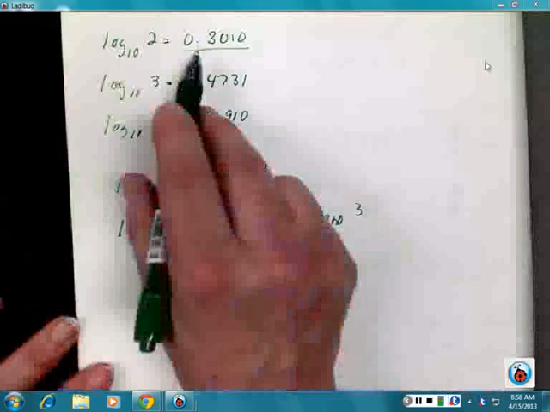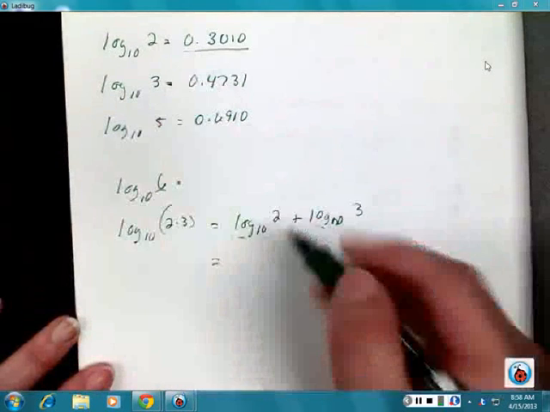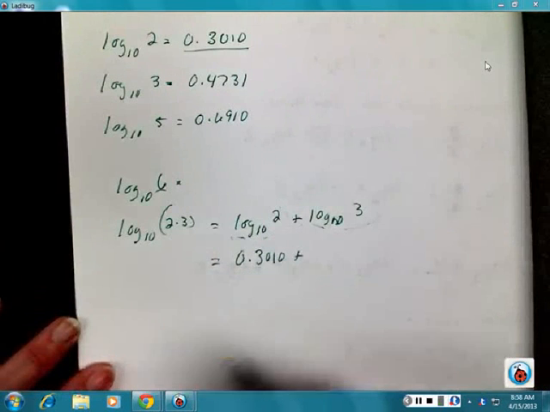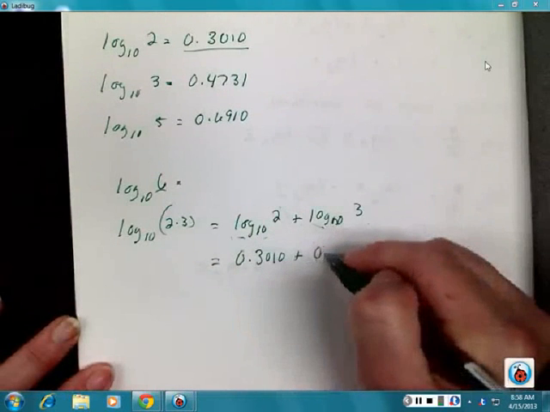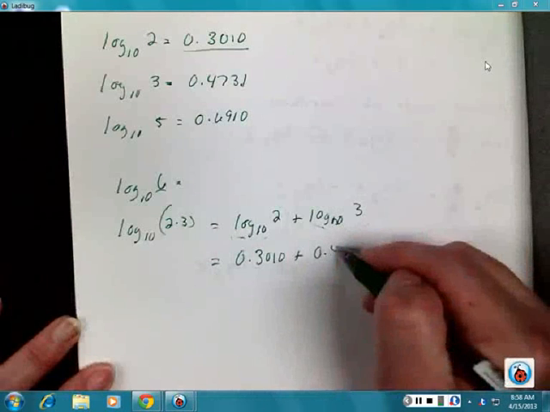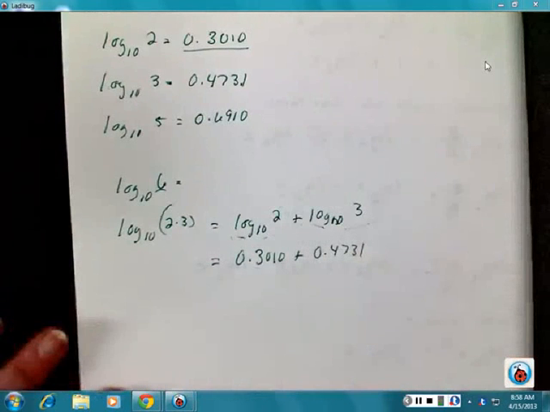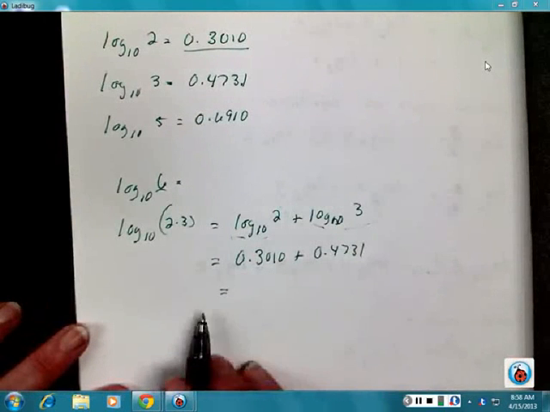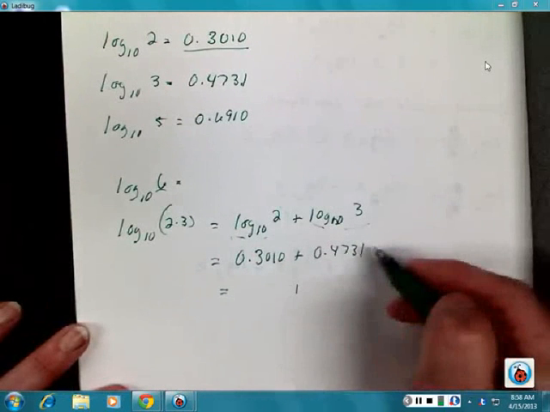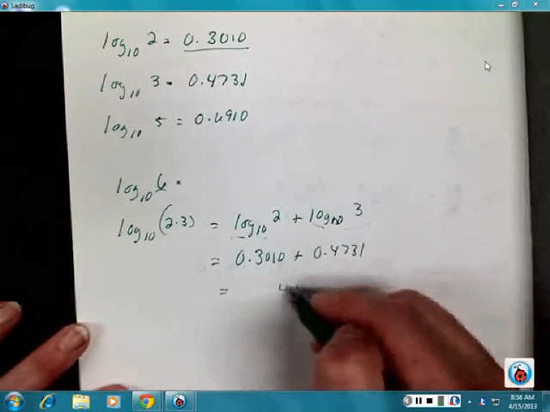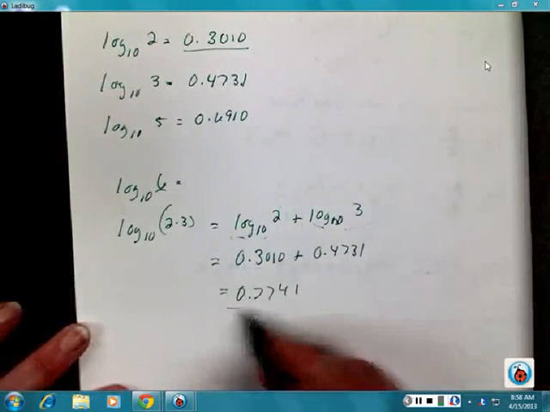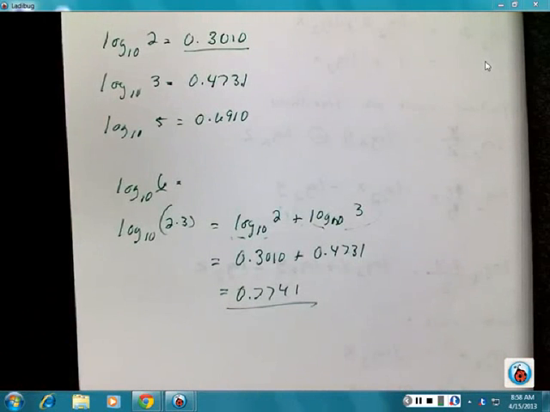The value of log 10(2) is 0.3010 plus the value of log 10(3), which is 0.4731. You add those two pieces together and come up with your answer. So 1 and 0 is 1, 3 and 1 is 4, 7 and 0 is 7, and 3 and 4 is 7. So my true full-fledged answer would be that.